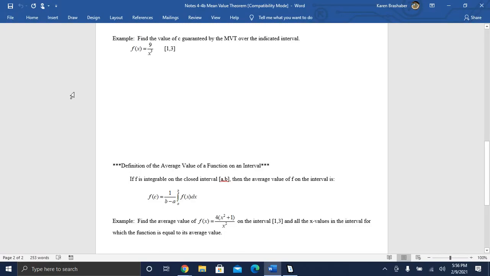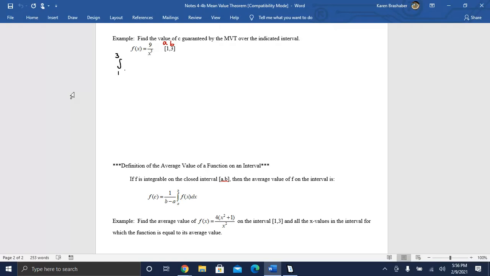Your first example is f of x equals 9 over x to the third, and you're given an a of 1 and a b of 3. You'll want to do a rewrite of the function. The first thing you're going to do is set this up using the mean value theorem. The mean value theorem says that you'll integrate from a to b, so from 1 to 3.